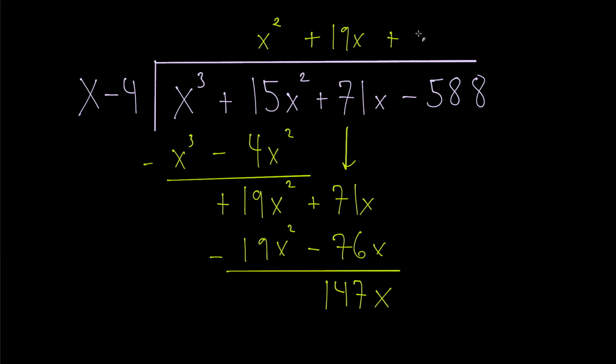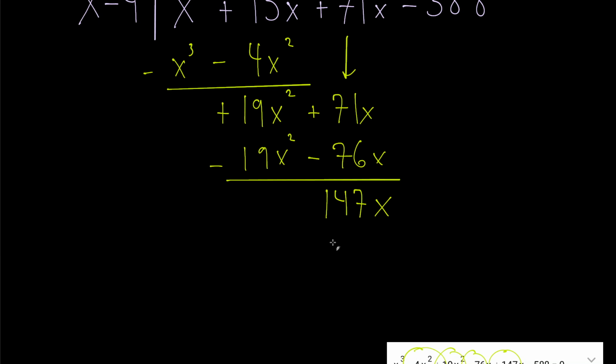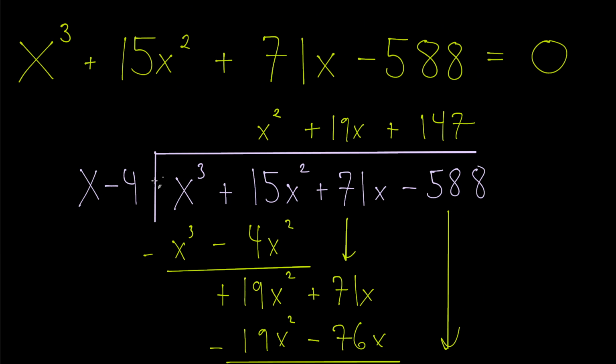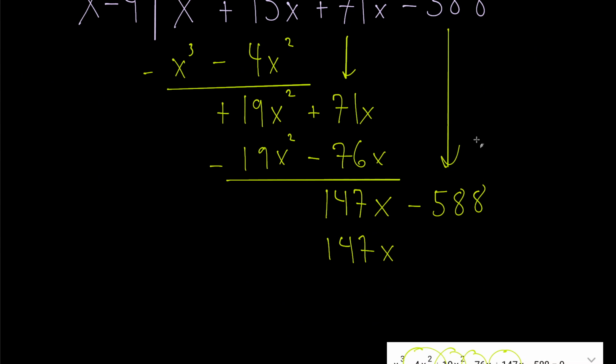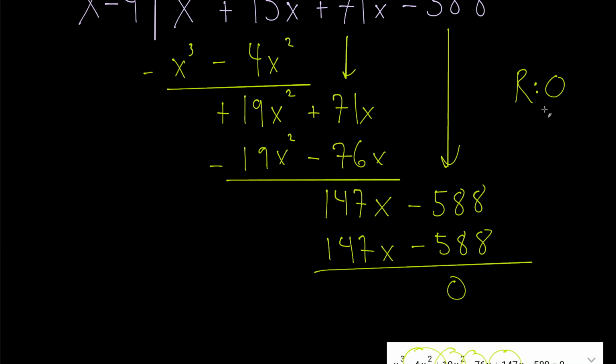Well, 147 times. If we multiply this out, 147 times x, that's the same thing. We bring this down, minus 588. Negative 4 times 147 is minus 588. So we get a remainder of 0, so everything's good. This was a correct factor all along.